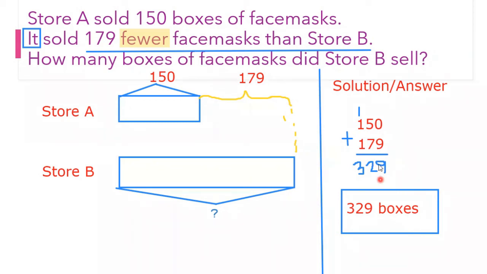I won't show it, but you can do that, just to make sure your answer is correct. It's very important, especially with young kids like grade 2 students, to always tell them to check so we're sure they came up with the right answer. Again, this is an example of a grade 2 word problem using a comparing bar model.